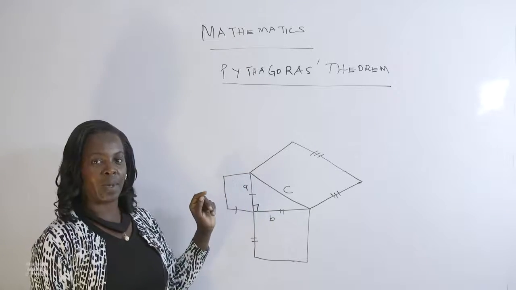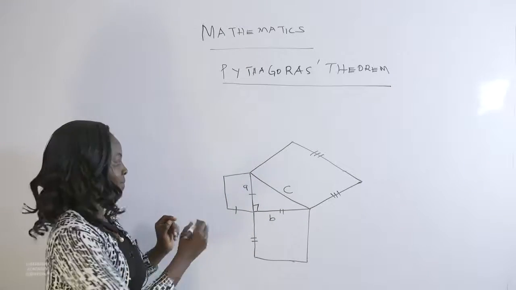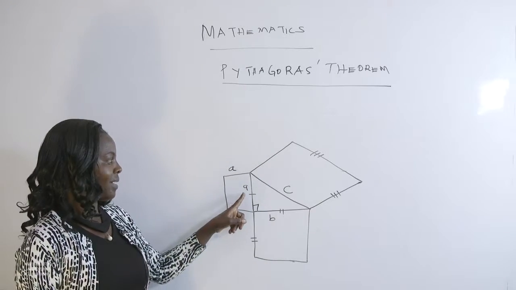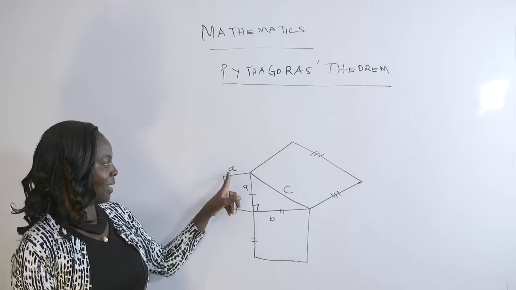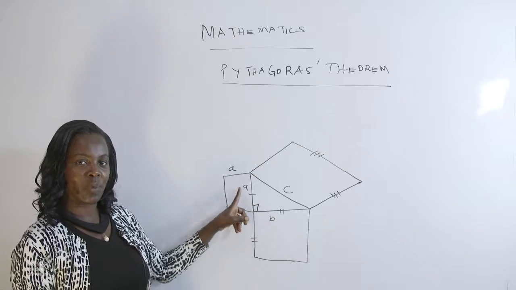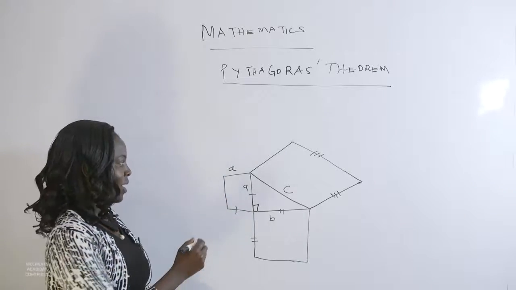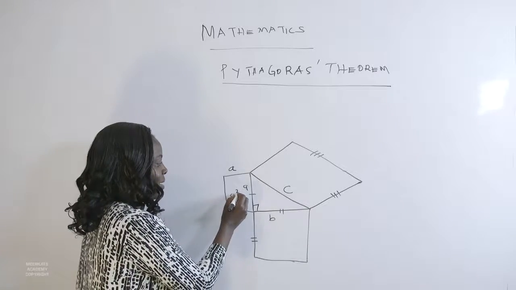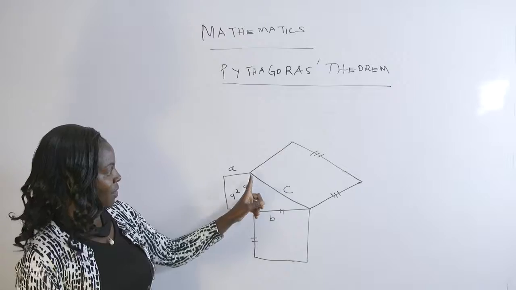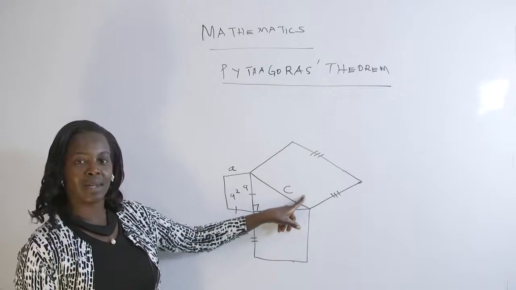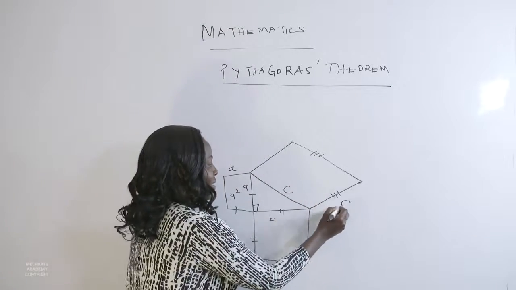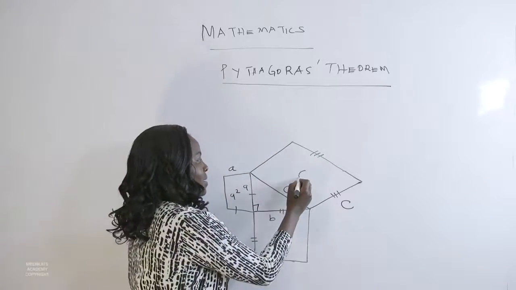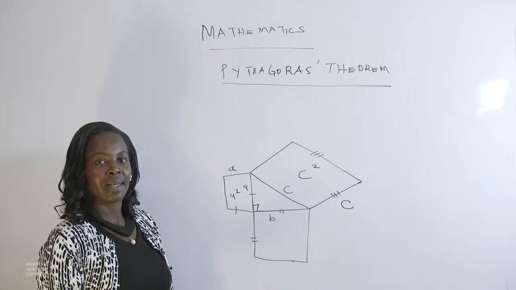If we say A squared, that is like saying A multiplied by A, which will give us a square, or the area of the square. So the area of this square is A times A, which will be A squared. If we elongate so that we have a square with sides C and C, then the area of this square here will be C squared.